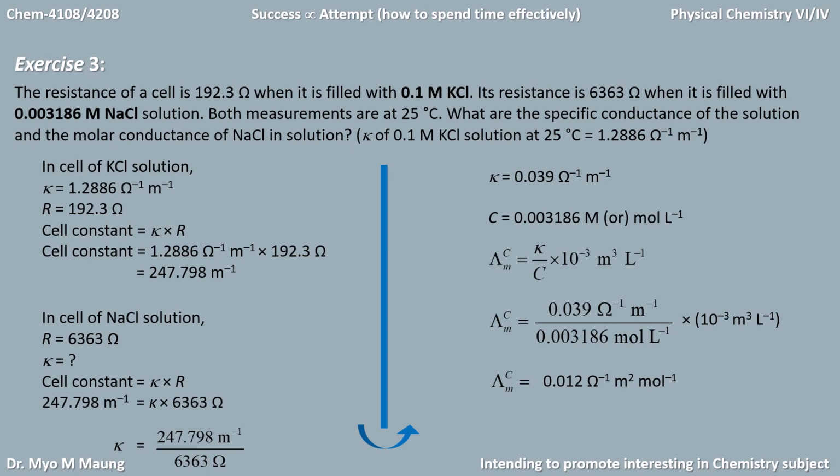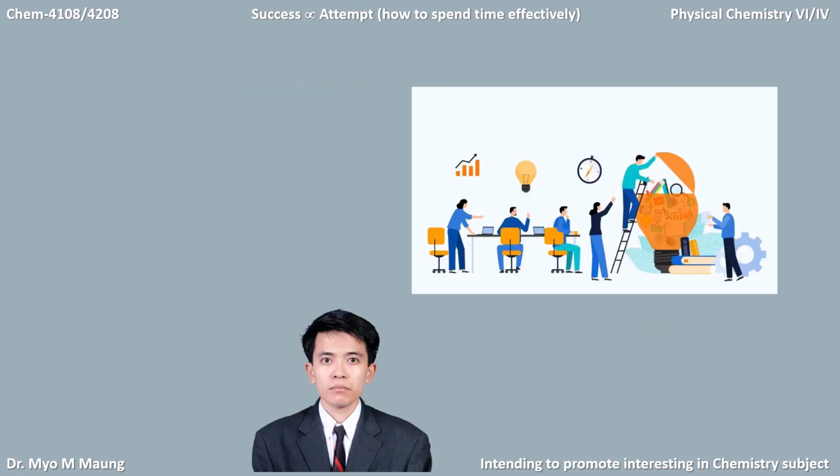Then, the concentration C equals 0.003186 mole per liter is given. So, the values of kappa and C are substituted in the lambda molar C expression. Finally, we will obtain that lambda molar C equals 0.012 per ohm square meter per mole.